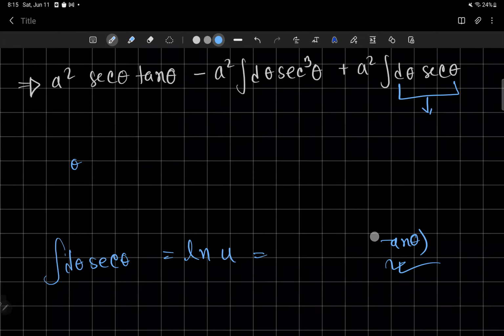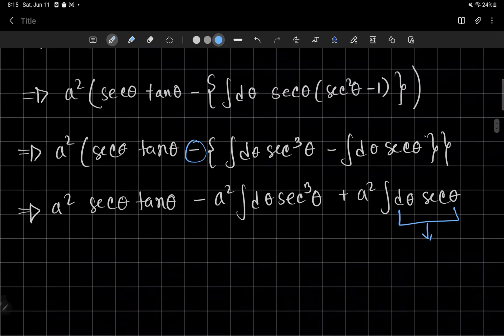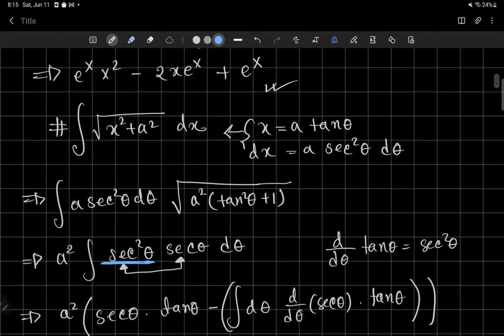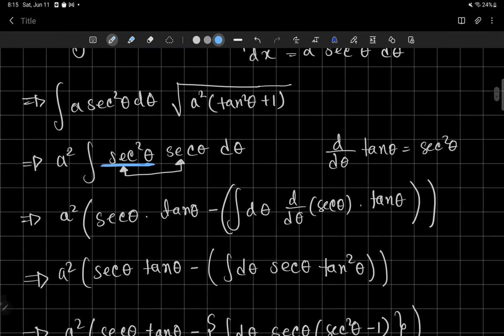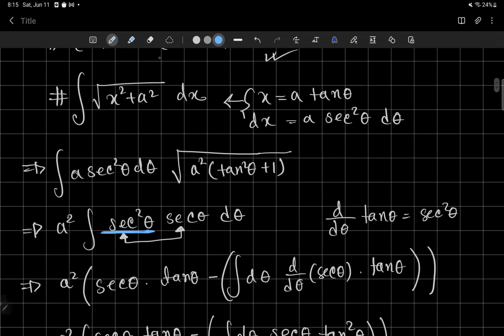But there is another interesting thing in this integral that we were doing. You can see we started out with x squared plus a squared, then we changed the variables, and that resulted in some integration of sec cubed, right? For example, if you want to add an extra line, it will look something like this: a squared integration of d theta sec cubed theta.